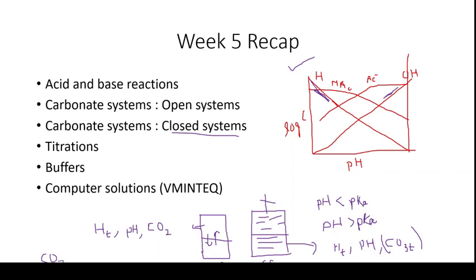It can lead to the formation of H2CO3 on interaction with water.